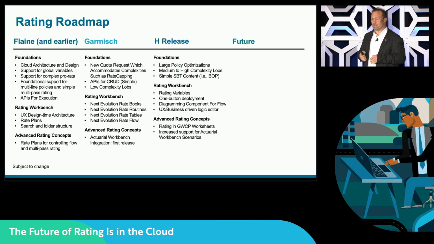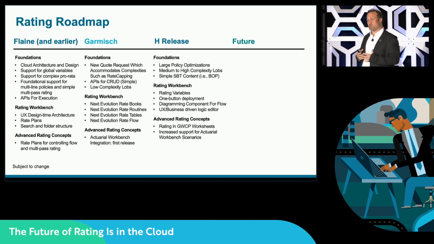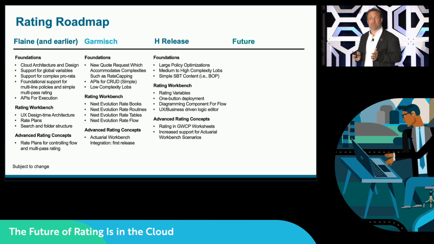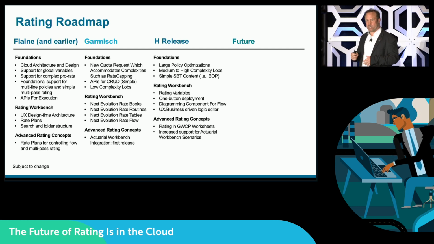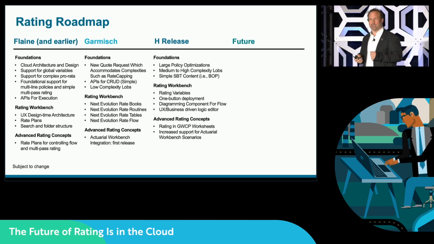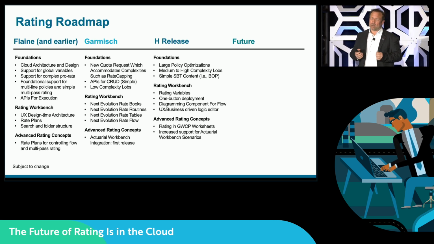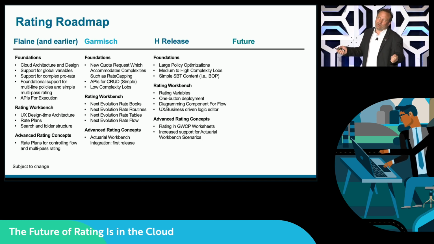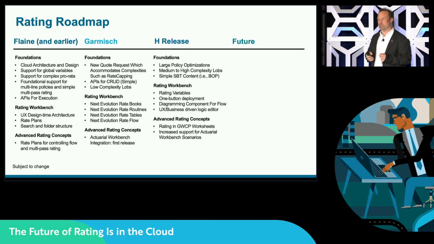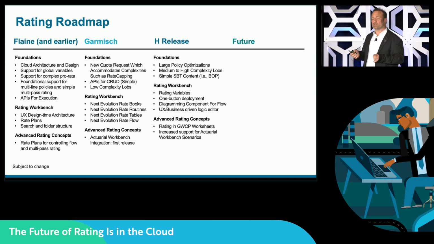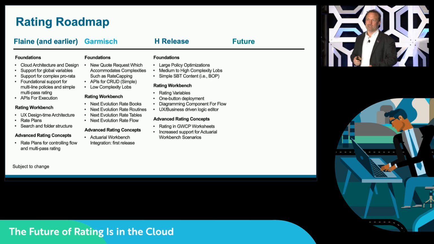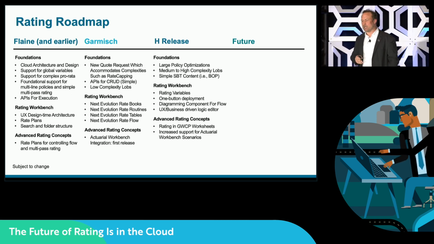By H release, this is really the big release for us where we want to go GA. And we're looking at large policy optimization. So how do we efficiently rate 50,000 coverable policies? How do we deal with complex lines of business? And also, we've already started working with our Toronto team on SBTs. So if any of you are leveraging SBTs, we're starting to look at how SBTs can be published using our APIs into the cloud.